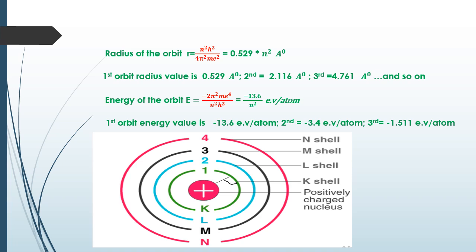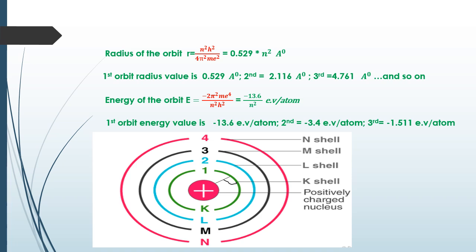And finally, what are the demerits of this theory? It cannot explain the spectra of atoms and ions having more than one electron, that is lithium, helium, hydrogen molecule and beryllium also.